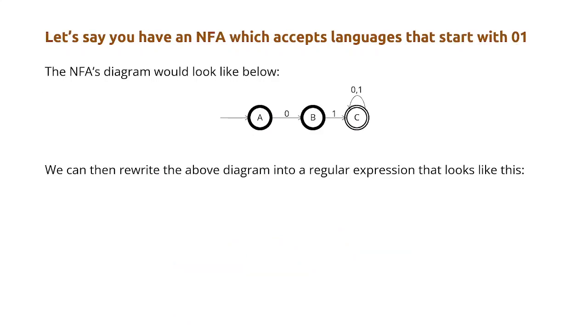Okay, so let's say you have a non-deterministic finite automaton which accepts languages that start with 0, 1. So the diagram would look like below. Okay. So again, atong NFA kay ga-accept og languages that start with 0 and 1. So this is why we have a transition of 0 and 1 gasunod.